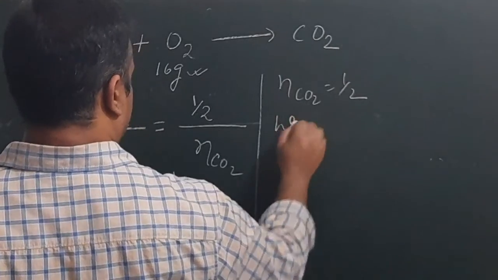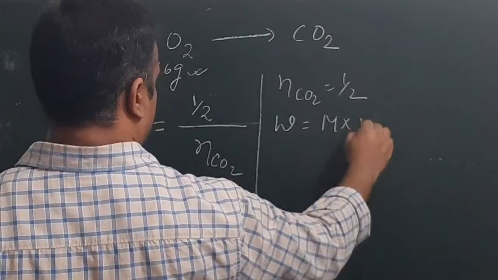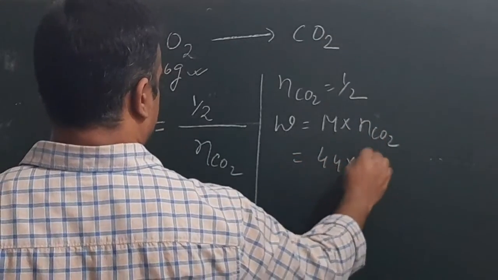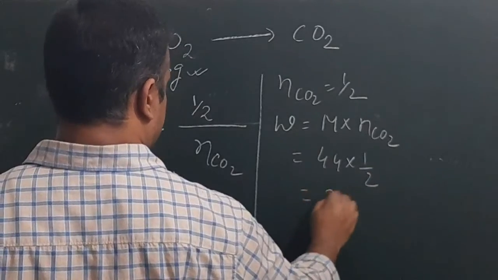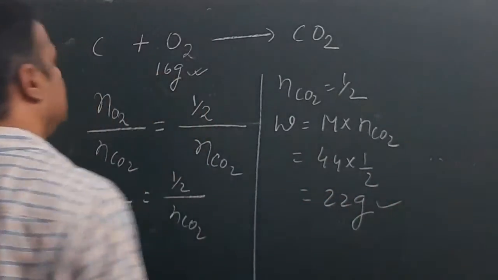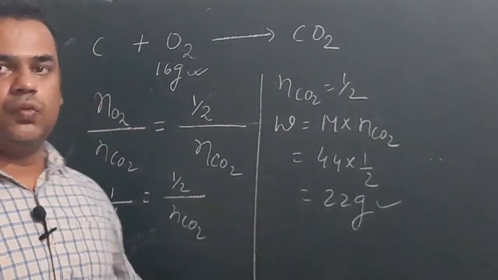Given mass is equal to molar mass into number of moles. Molar mass is 44 and mole is 1/2, so this will be equal to 22 gram. So the amount of carbon dioxide produced will be 22 gram.